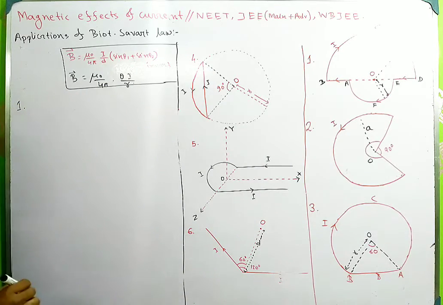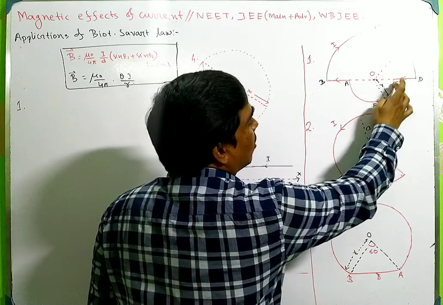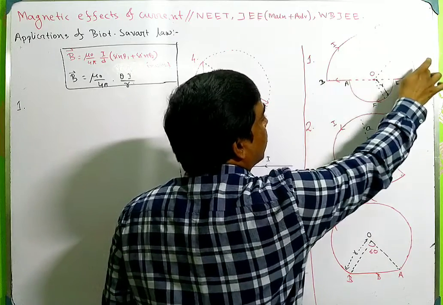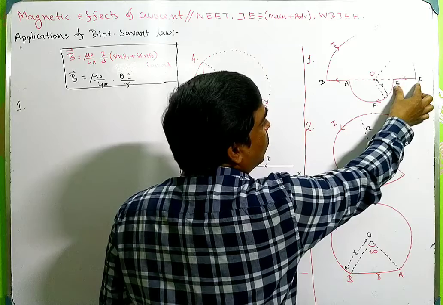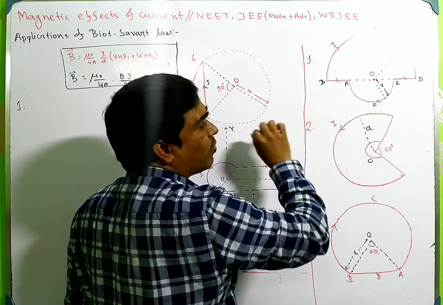Now number 1. Here this is the smaller semicircle, this is the larger semicircle, this is one straight portion of the wire and this is the other straight portion of the wire.